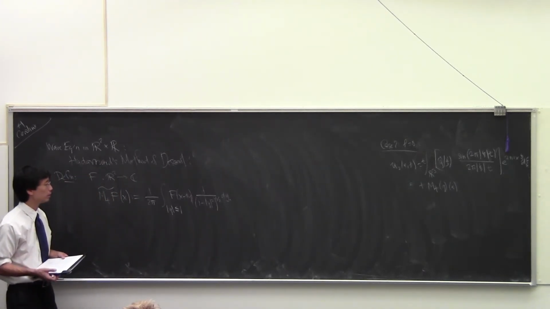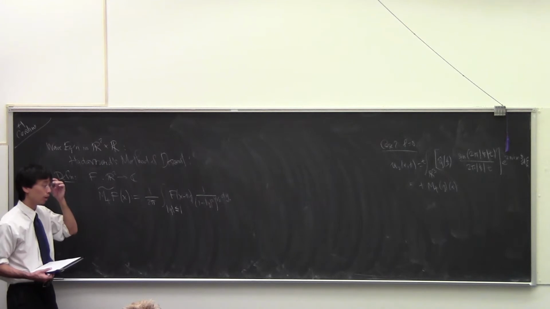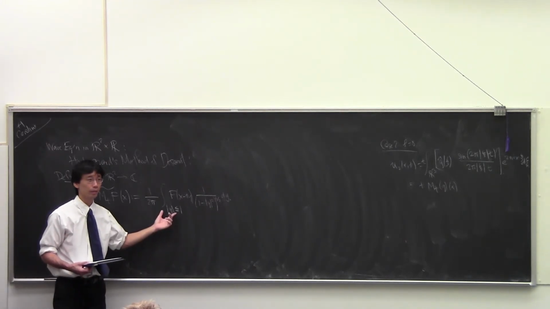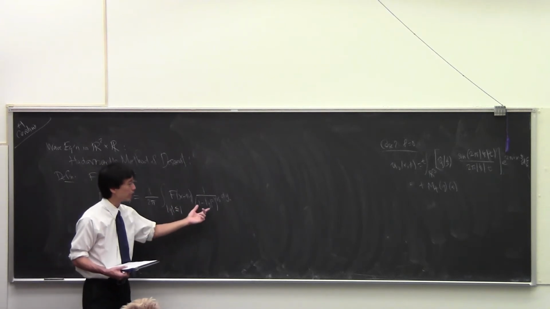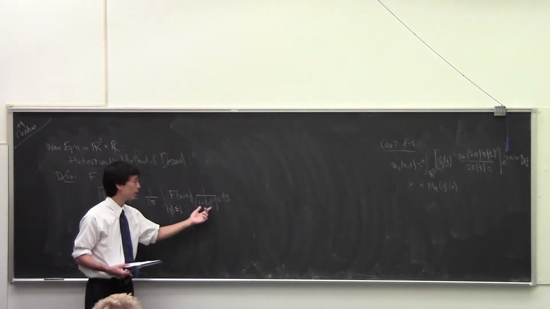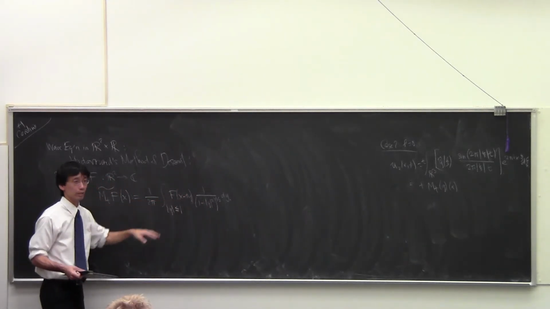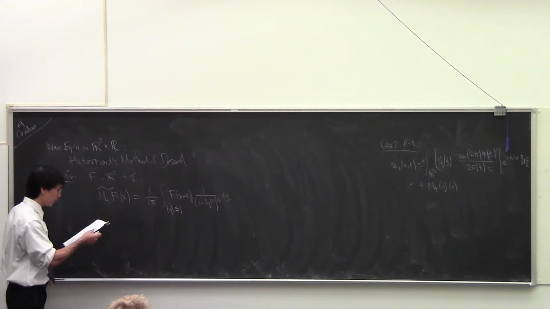So instead of taking the average over a ball, we're taking an average over a disk, but it's weighted. The values are weighted, so that you've got this weight on the values of the points.